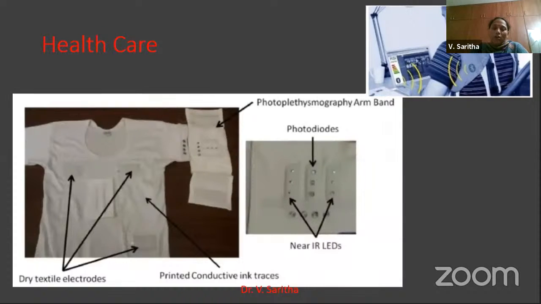It might lead both ways: there could be improvement, there might not be improvement. Whatever it is, it will be intimated to the doctor so that accordingly the physiotherapy will be changed for the person. So this kind of application is also there in healthcare using smart textiles.